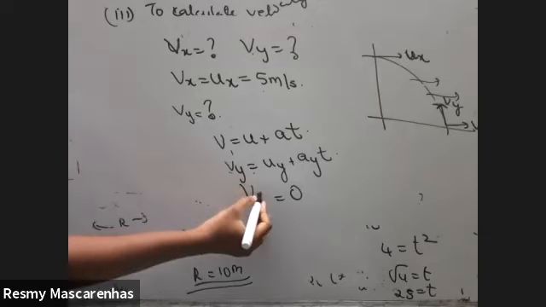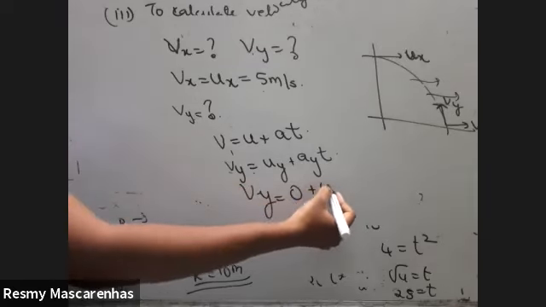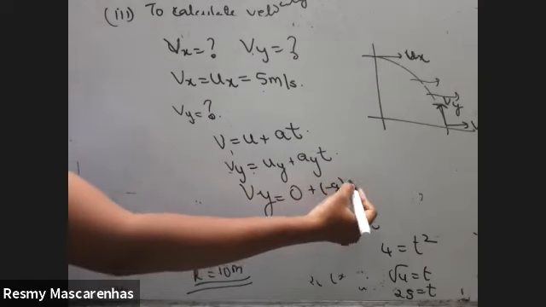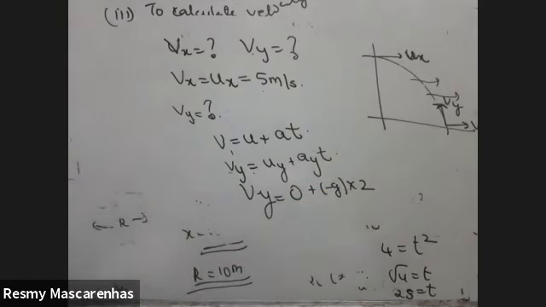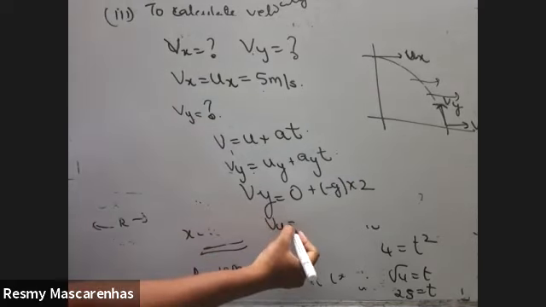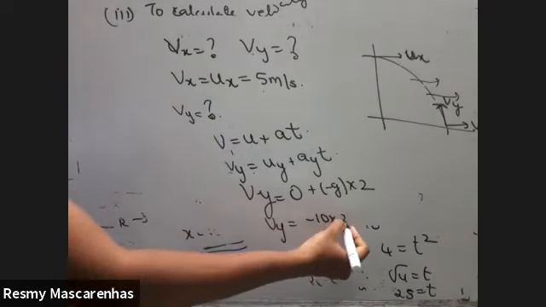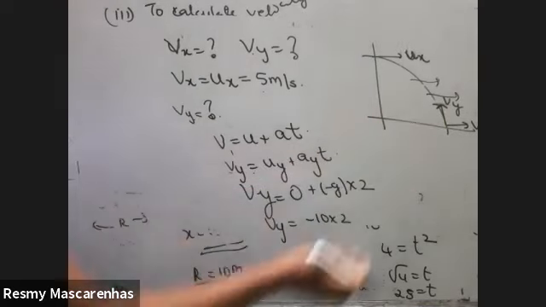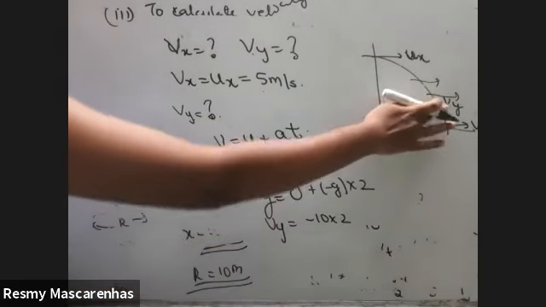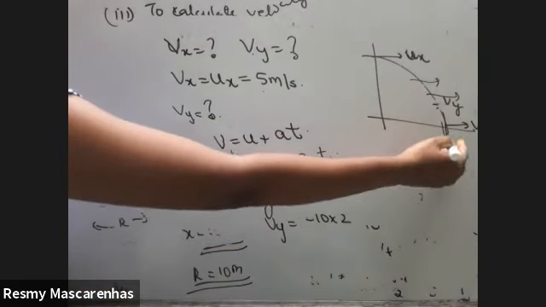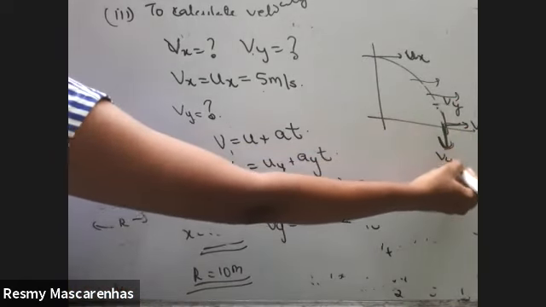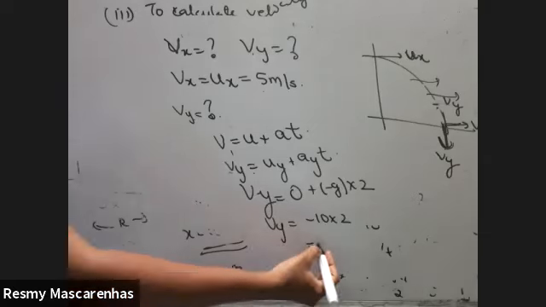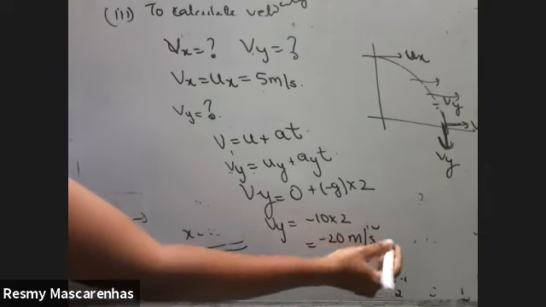Vy have to calculate, this is minus 10 into 2. It's falling down, no? So it will be this side of negative. This will be minus 20 meters per second.